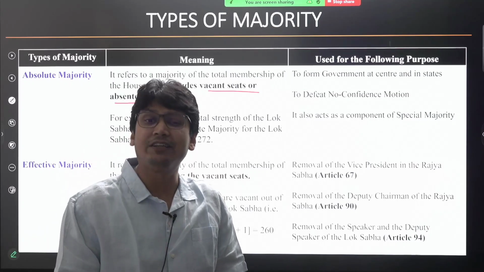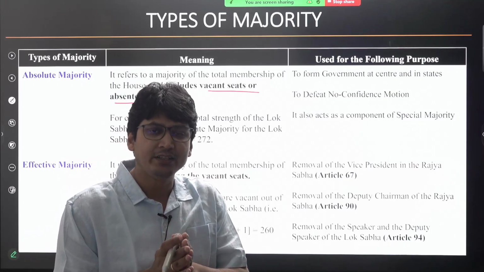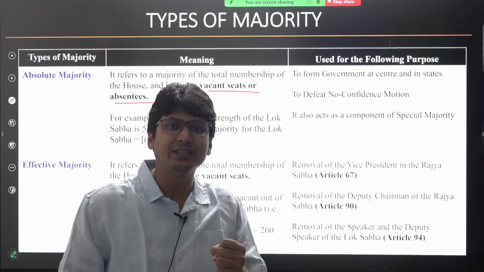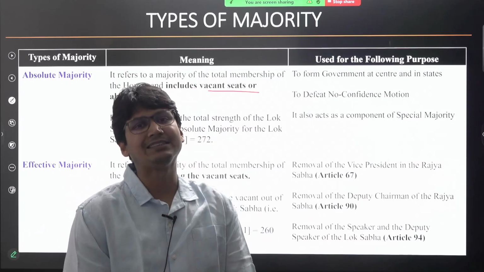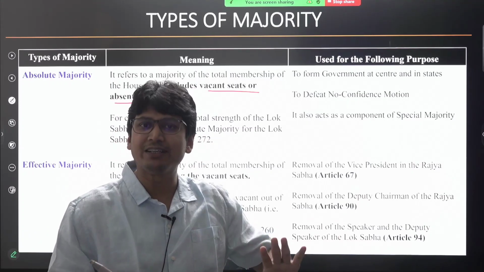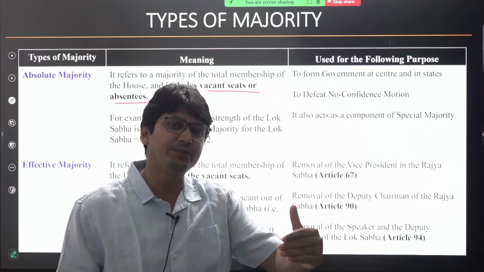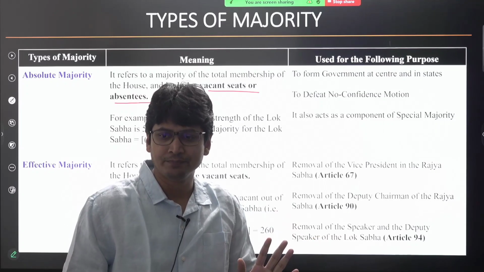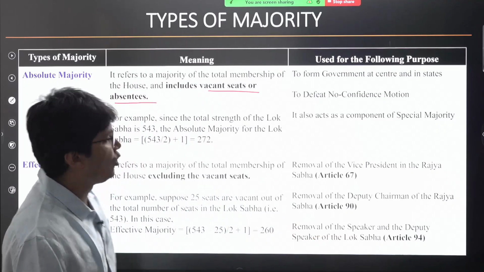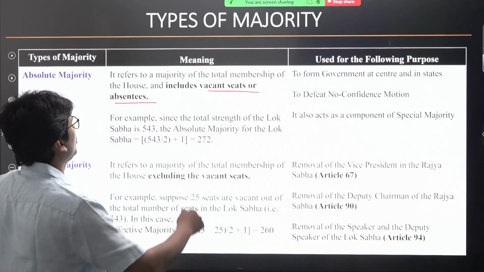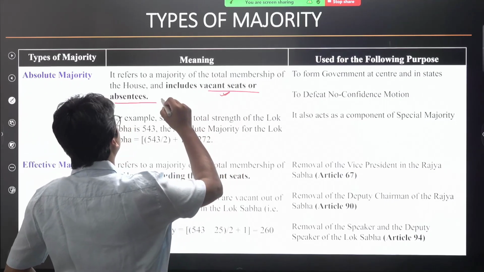When does a seat become vacant? When either the member has resigned or died, or for whatever reason the person is not there. So total membership of the house includes both vacant seats as well as absentees.